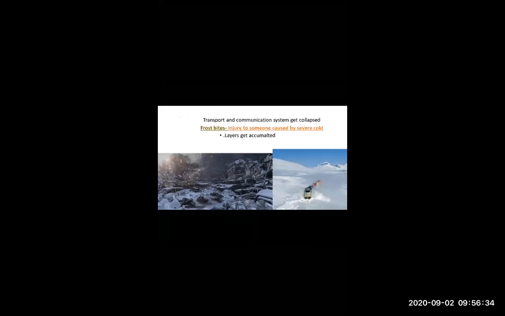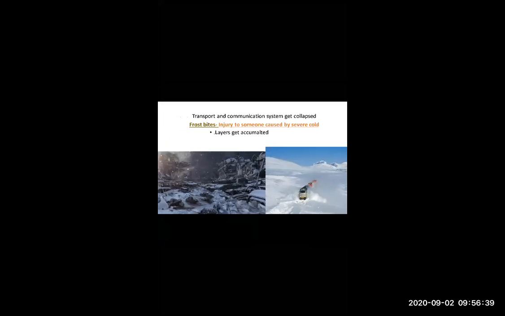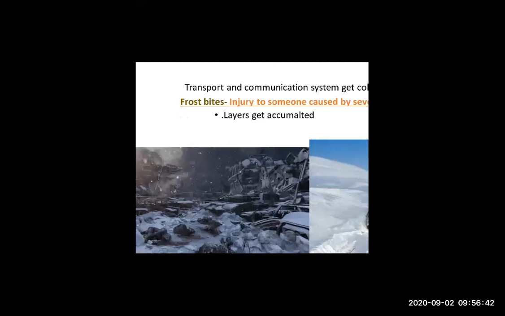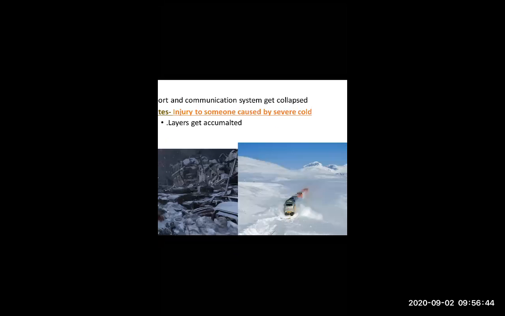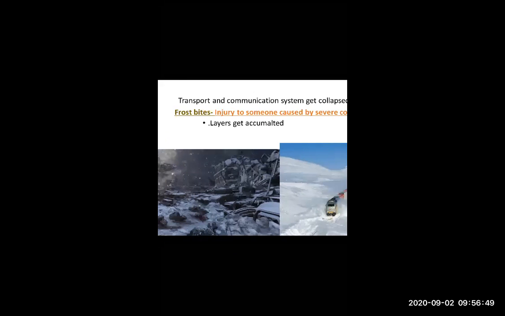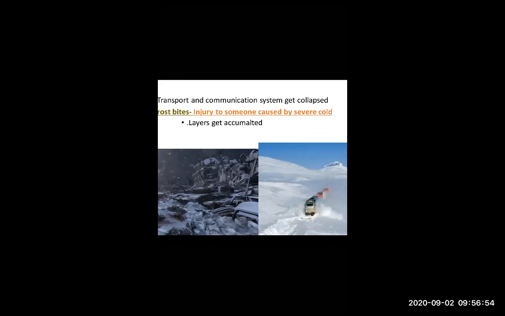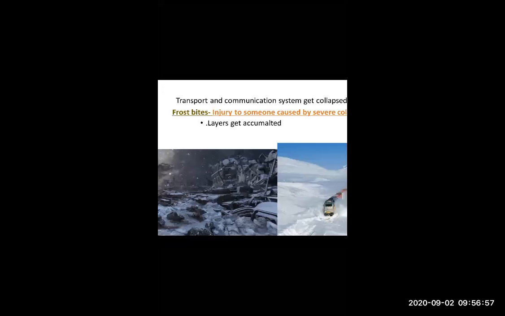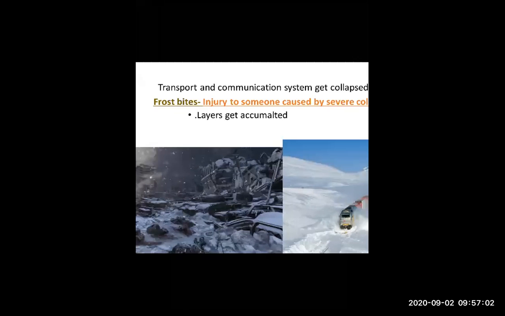Because of snow, so many things are affected. Just look over there, students. First, transportation and communication systems get collapsed because of snowfall. The snow layers get accumulated. Accumulated means collected. And the next is frostbite.